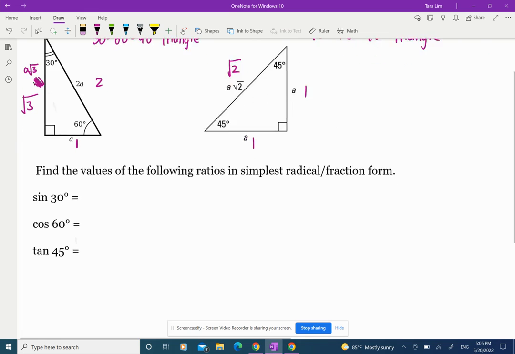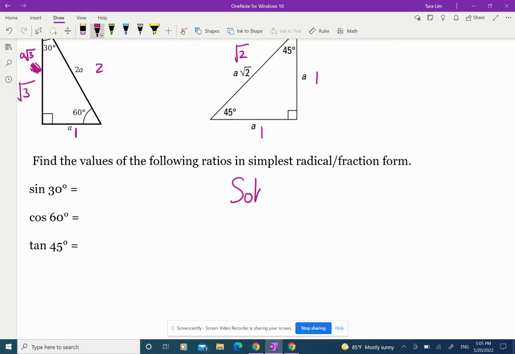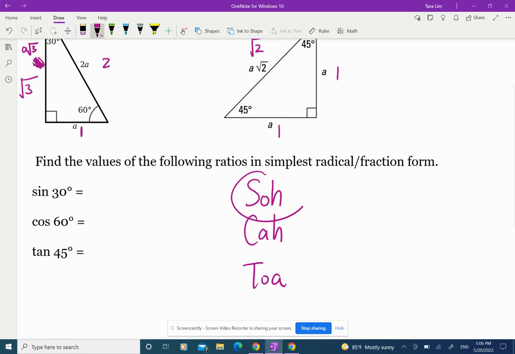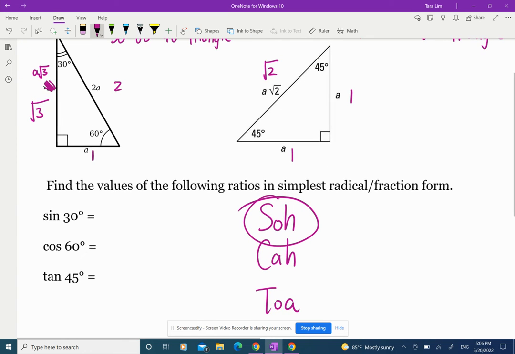Now, remember, we have something called SOHCAHTOA. O represents opposite, H represents hypotenuse, and A represents adjacent. Sine is SOH. Because it says 30 degrees, we're focusing on this angle here.